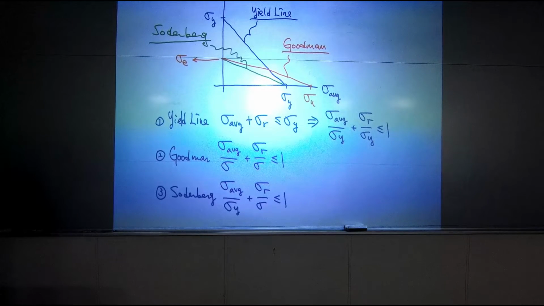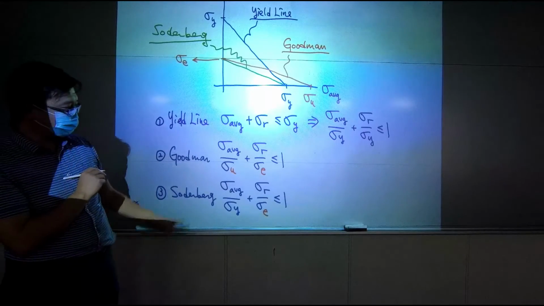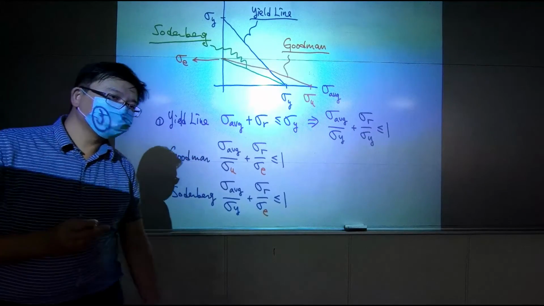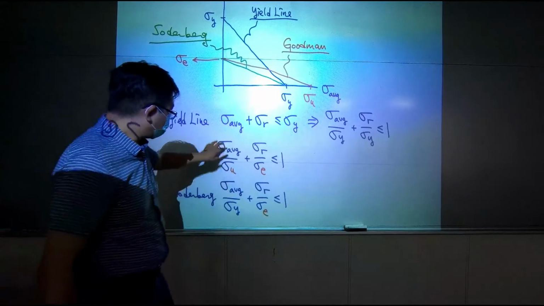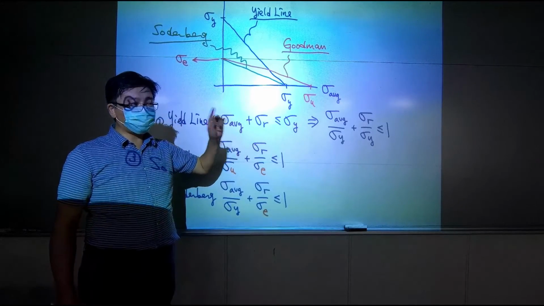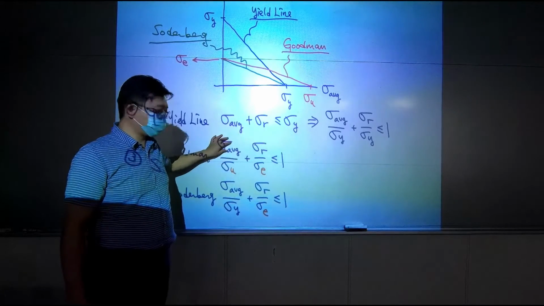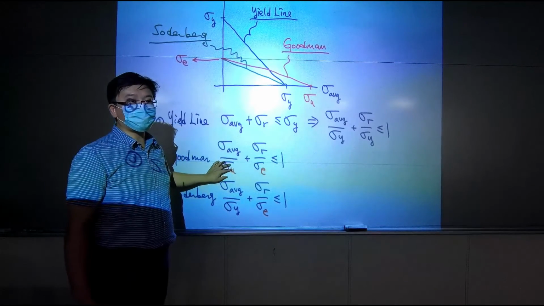What's different is for Goodman, the average will be divided by sigma u. Range will be divided by sigma e. For Soderberg, range will be divided by sigma e. Can you see? Yes. Sigma average and sigma r are the values based on the problem. So they are like design values. Those two are material properties.